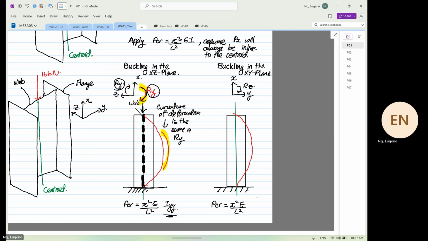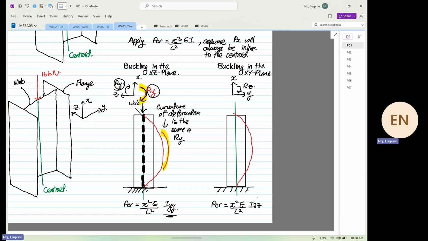Now, understanding the concept of what's happening in the XZ plane, can anyone tell me which axis the second moment of area is about now? Yes, now it's about the IZZ axis. Are we clear?